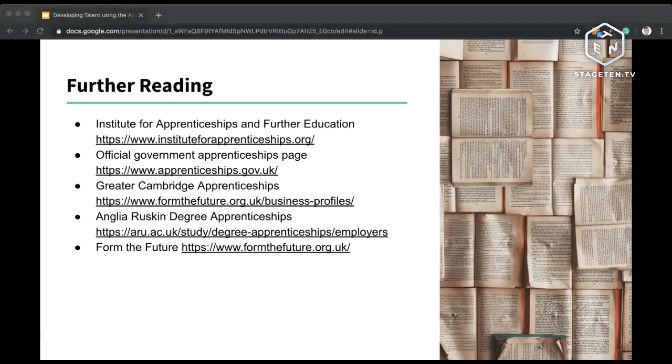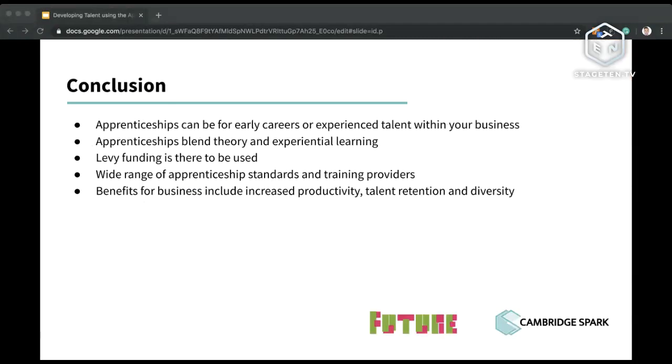So with that, I want to say thank you very much. We have seen that apprenticeships can be for early careers or experienced talent in your business. They blend theory, that 20% off the job time, with experiential learning in the workplace. The levy funding, if you are paying it, it is there to be used, and if you don't use it, it will be lost. Please use it. And if you need inspiration, just get in touch.